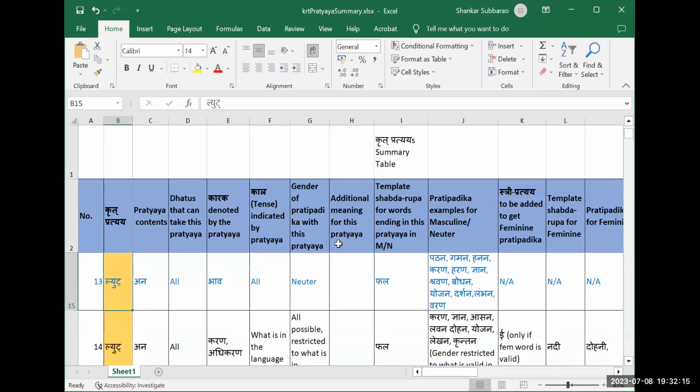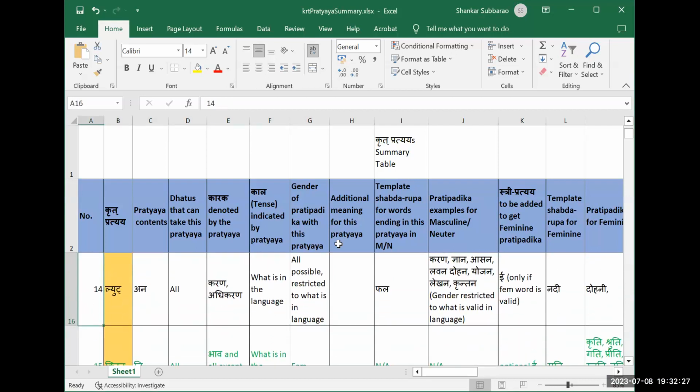I'm giving you lut 2s here. 13th entry is lut, ana, all dhatus in the sense of bhava. Gender is only neuter. Then lut, 14th entry is ana, possible for all dhatus, but may not be. And here, karana, adhikarana. What is in the language only. Right. Okay. So that's why I gave the examples.